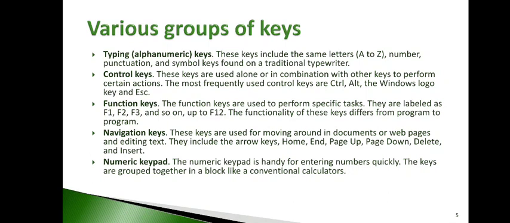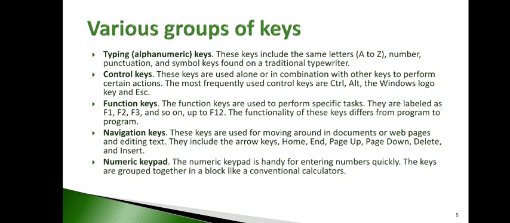They depend on the software, means in one software F5 can do something, in other software F5 can do something else. Clear? So they are labeled as F1, F2, F3 and so on up to F12. The functionality of these keys differs from program to program or software to software.